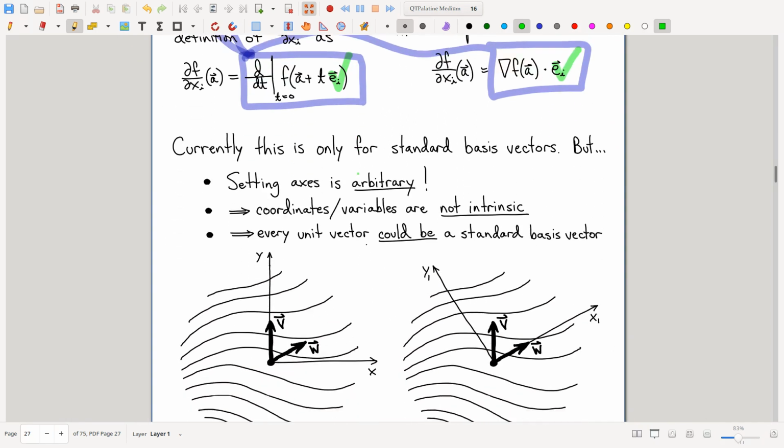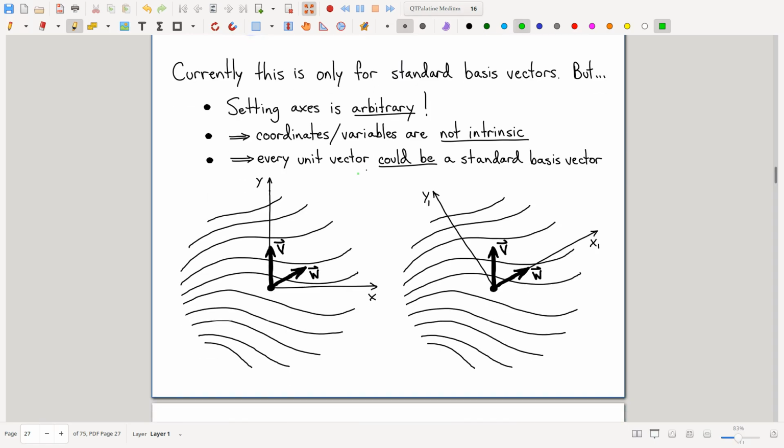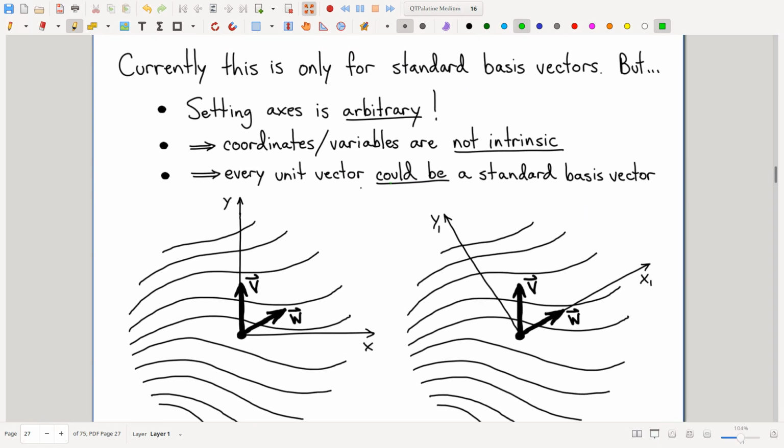But what's a standard basis vector anyway? And I know what you're thinking: it's very explicit. Standard basis vectors are vectors where the coordinates are mostly zeros with a single one. That's the definition of a standard basis vector. Okay, well, yeah, but vectors define directions.